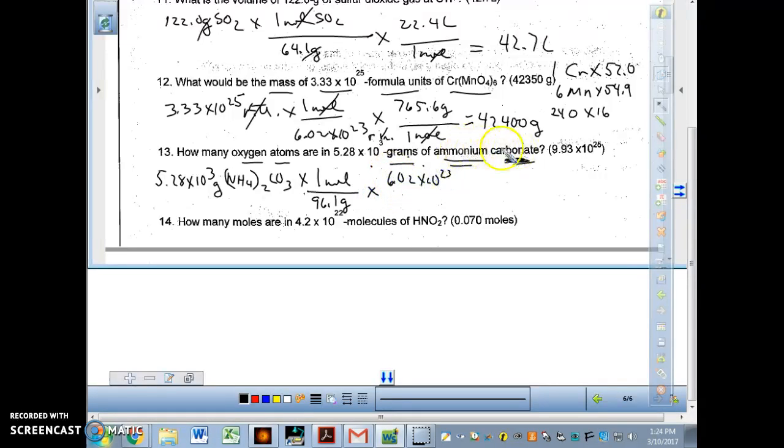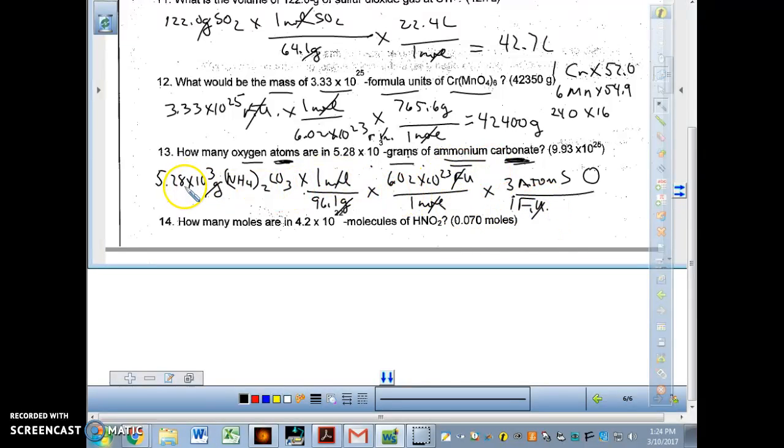Now this is ionic, so that would technically be a formula unit per mole. Notice grams cancel, moles cancel. We want atoms, so in that formula there's 3 oxygen atoms, so I'm going to say 3 atoms of oxygen in every formula unit. Then the formula units will cancel.